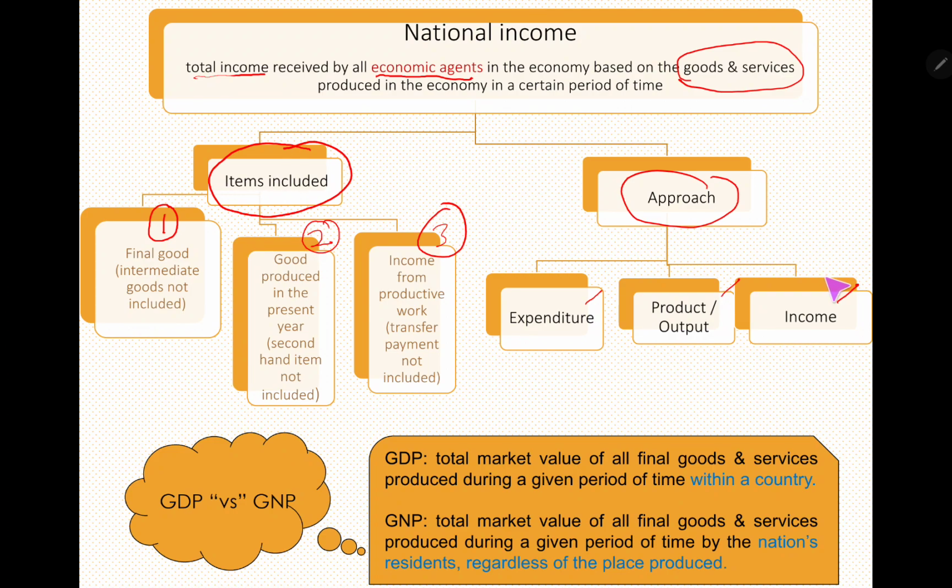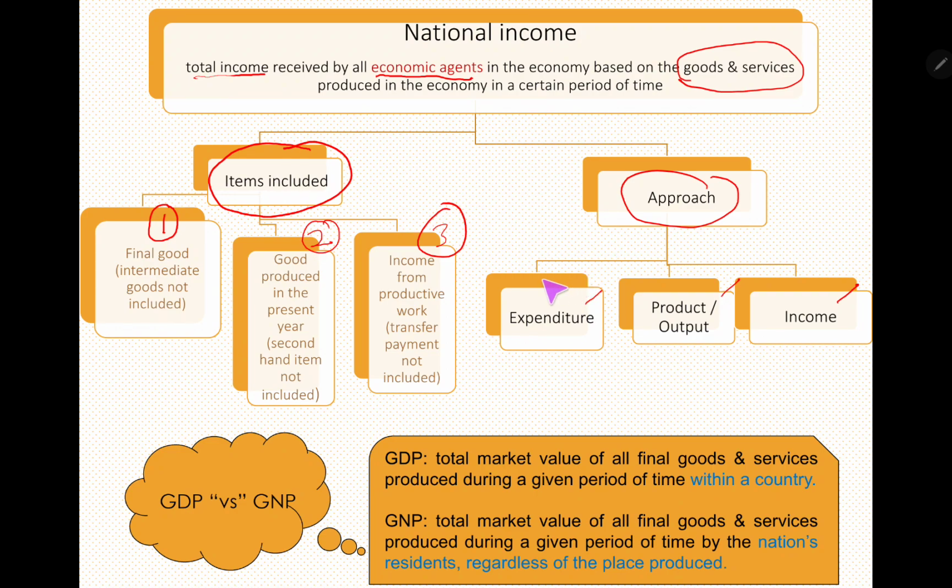So all represent national income but from a different approach, because one person's expenditure becomes the income for another person, and the expenditure that you make in the economy is based on the price of the goods itself. So the price or the value of the goods will also represent the national income.